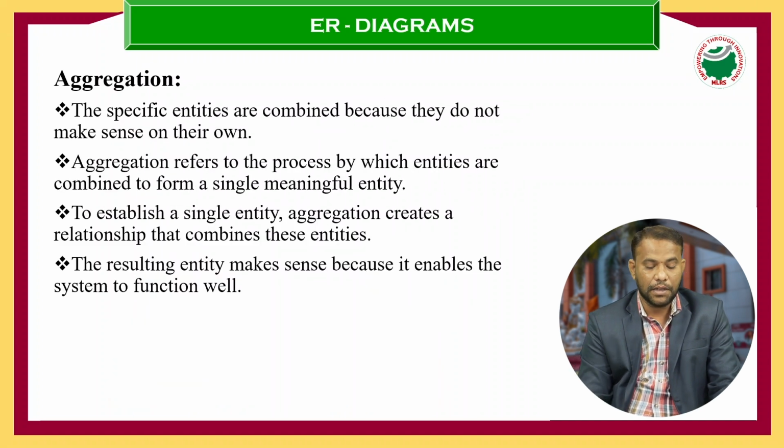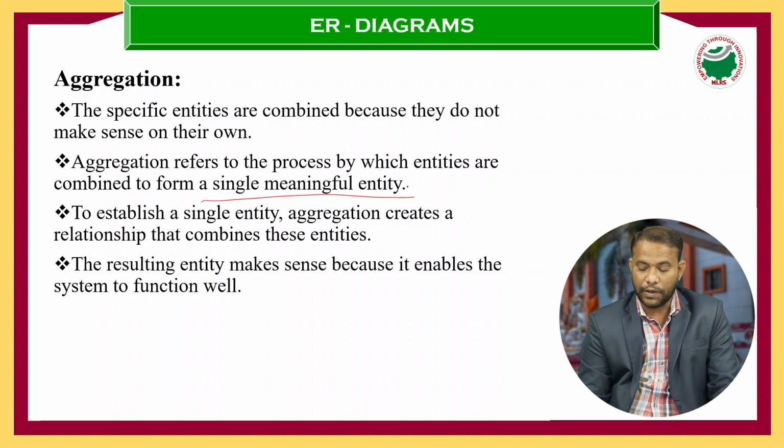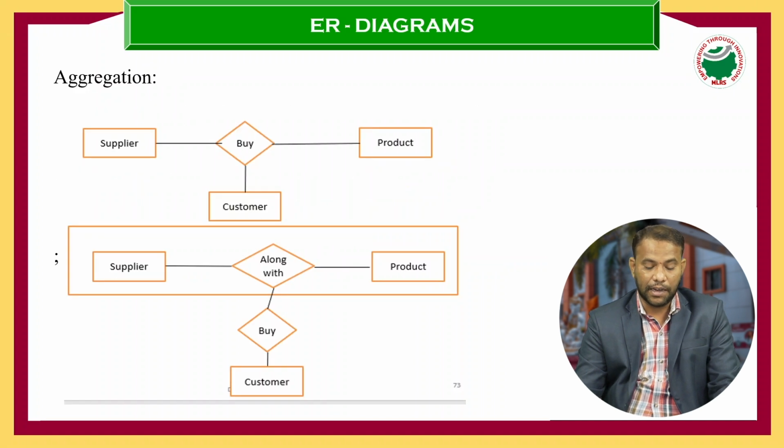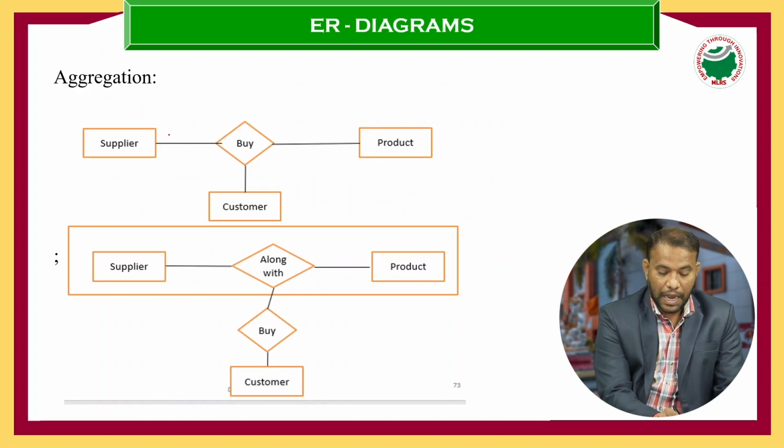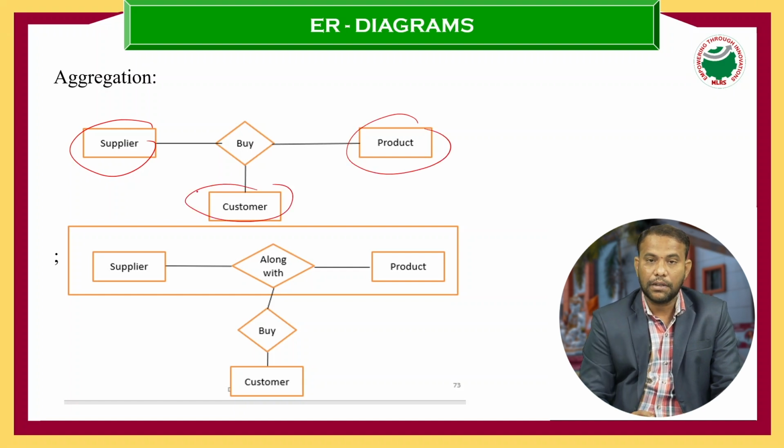Next, aggregation. Specific entities are combined because they do not make sense on their own. To avoid that, aggregation refers to the process by which entities are combined to form a single meaningful entity. Okay. So if you see these diagrams, we have supplier, product, and customer.